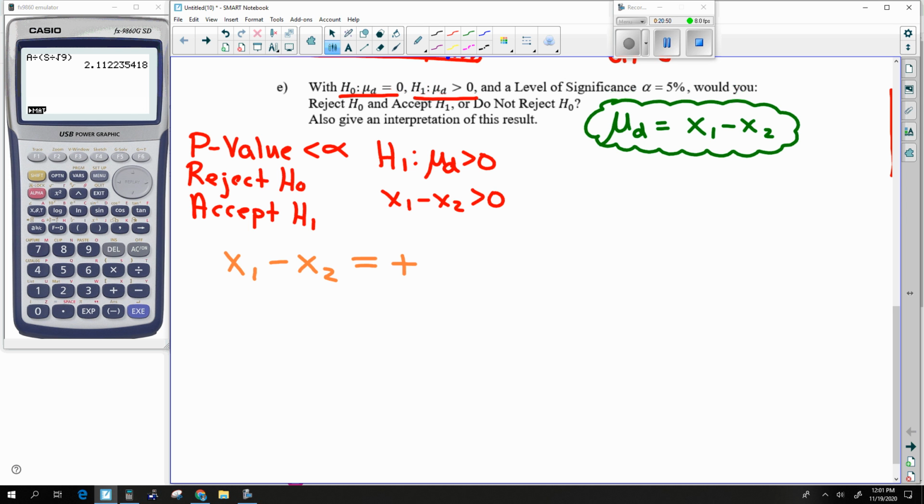So how do I subtract two numbers and get a positive number? Long story short, that is saying that x1 has to be larger than x2. An example is 5 minus 3, which gets an answer of positive 2, a positive number. So x1 is bigger than x2.